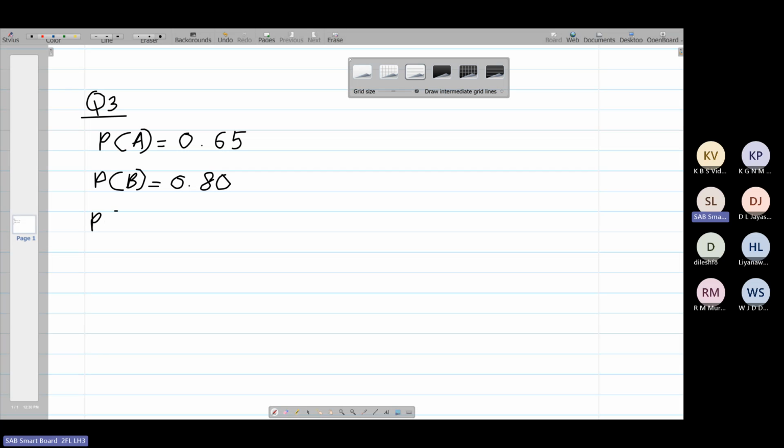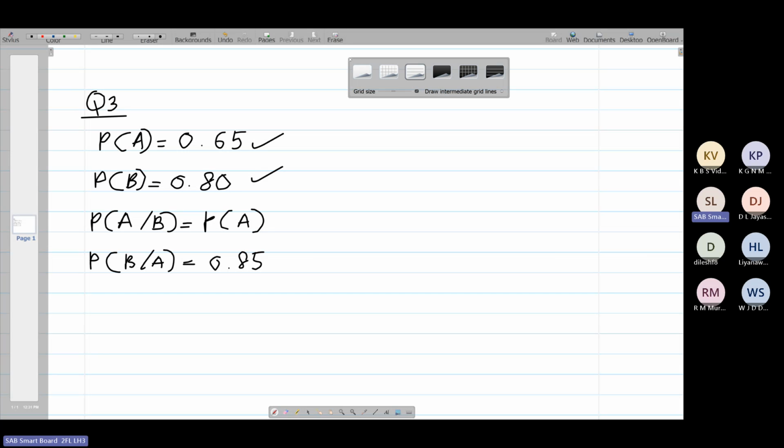Then it says A given B is equal to the probability of A. The other point says B given A is equal to 0.85. This information is given here. Then you need to justify whether this value assignment is okay or not. These first two are okay, and we cannot change these two values.